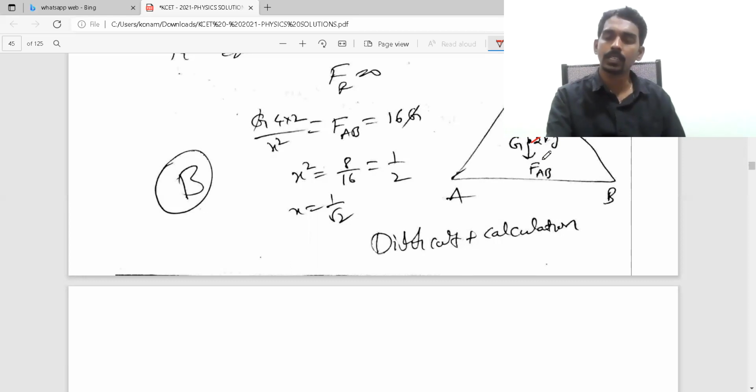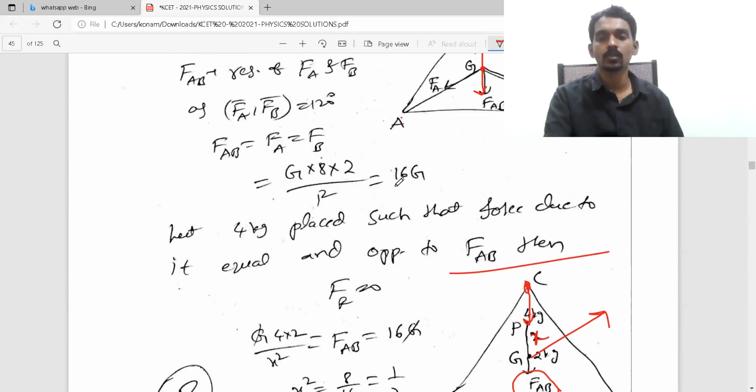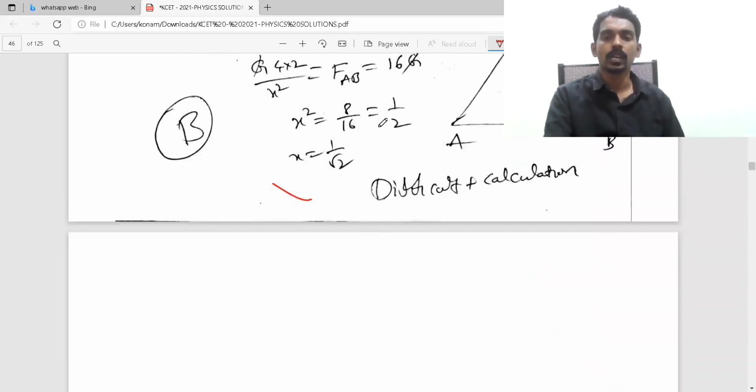That is what we have taken: the resultant force of Fa and Fb must be equal and opposite to the force due to 4 kg. That is what I have written clearly: let 4 kg be placed such that the force due to it is equal and opposite to Fab, so that the resultant force becomes 0. Then you will get the answer.